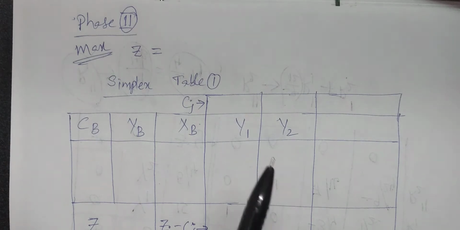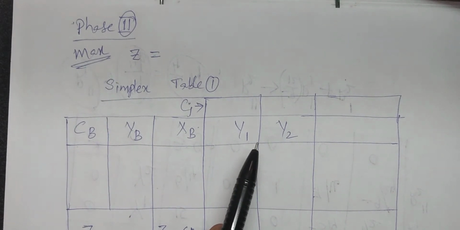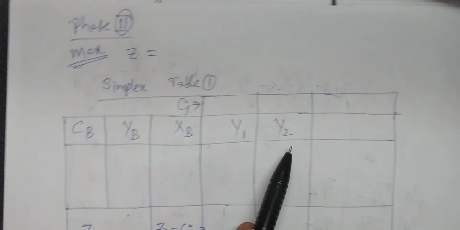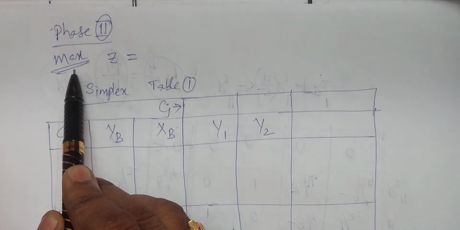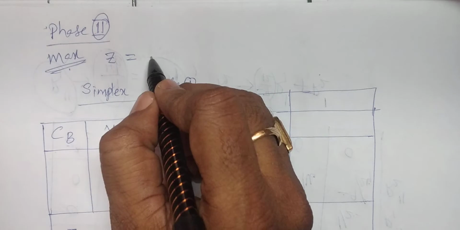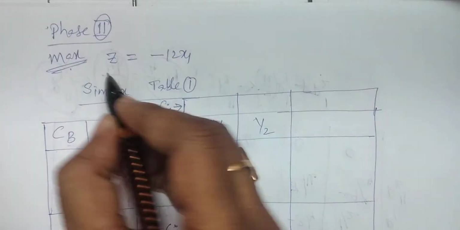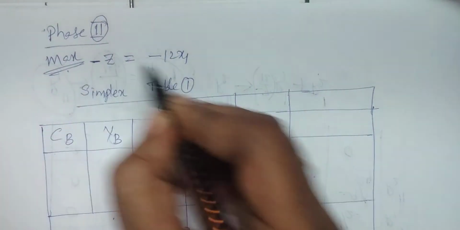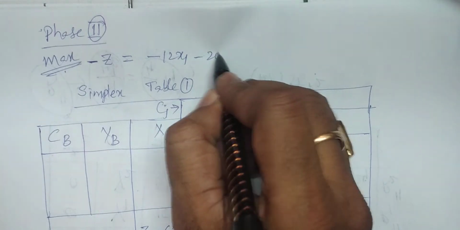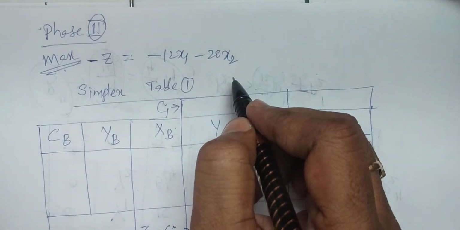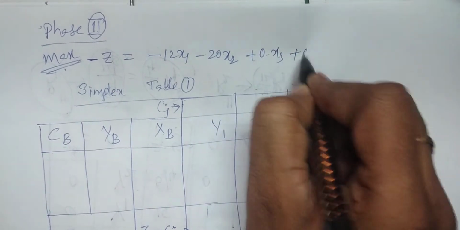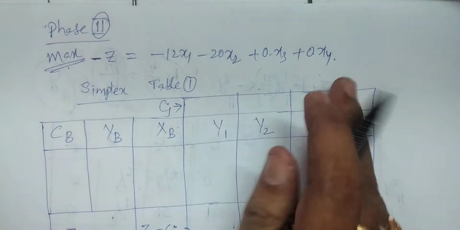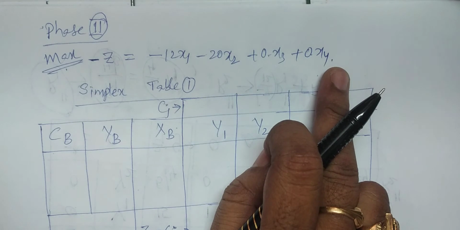So after converting minimization into maximization, we have solved by using the two-phase method. In phase 2, minus Z is equal to minus 12x1 minus 20x2, the original cost to the original variables, plus 0 into x3 plus 0 into x4. This is the objective function in phase 2.